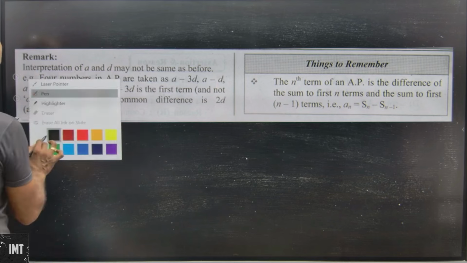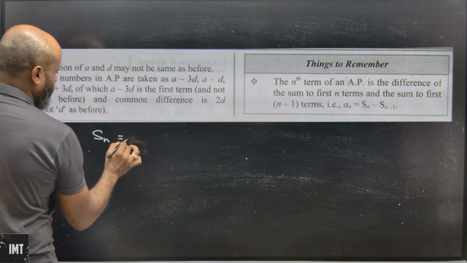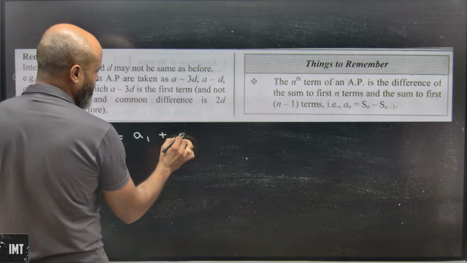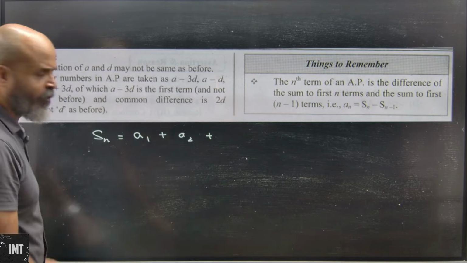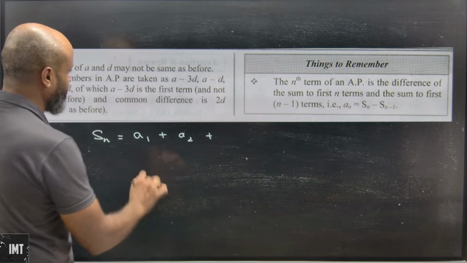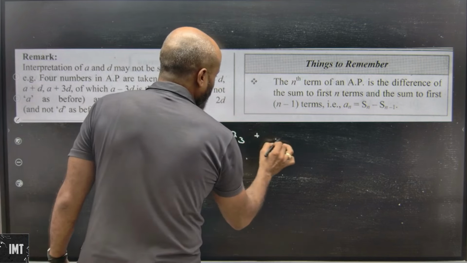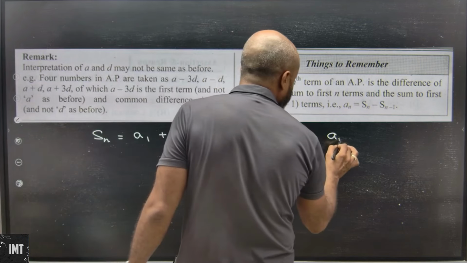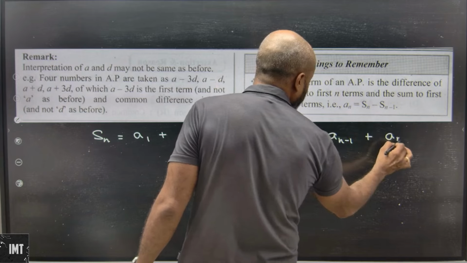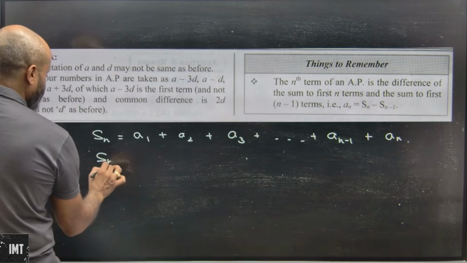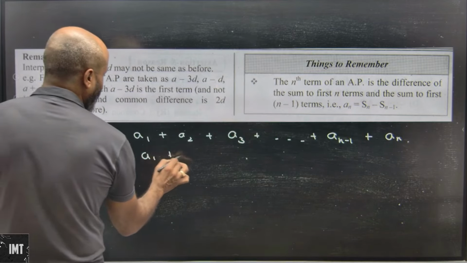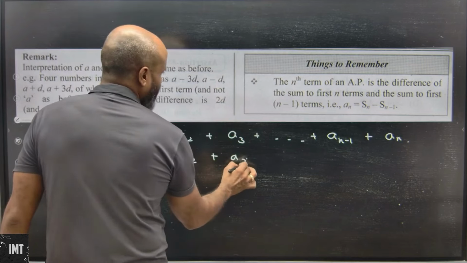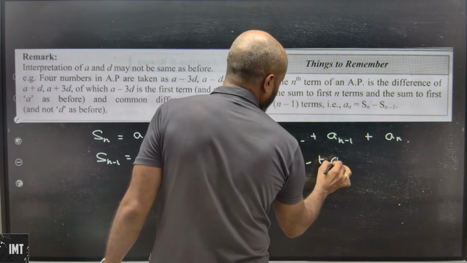One more important thing. What is Sn? Disregarding the formula, Sn will be A1 plus A2, A3, and so on up to the second last term An minus 1 and then An. What is Sn minus 1? Here we will add till An minus 1.